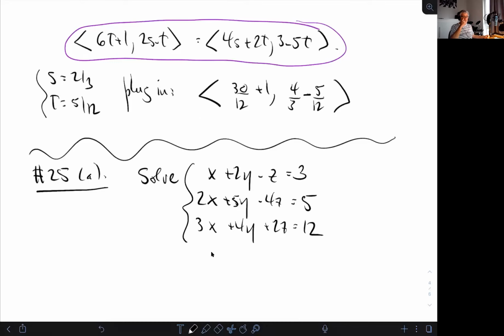Okay, so I'm asked to solve the system. You see linear equations, 3 unknowns, 3 equations.